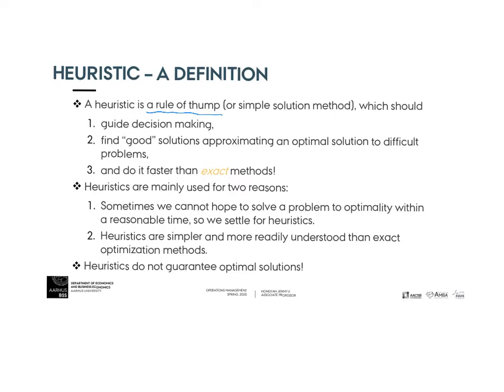This should actually get the decision making, so it should be at least feasible and lead to the right conclusion or result. It should be good: find good solutions approximating an optimal solution to difficult problems. It doesn't mean you just find a feasible solution.